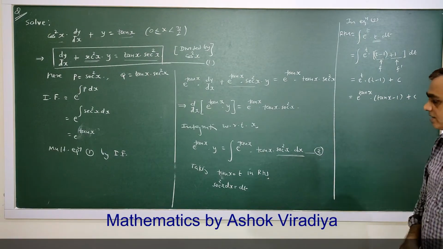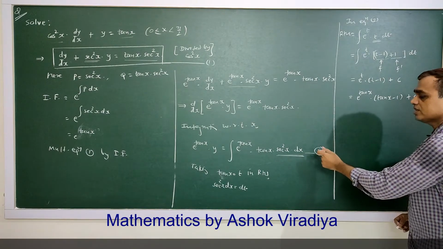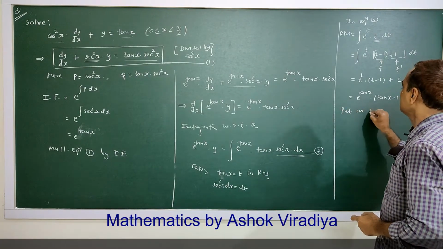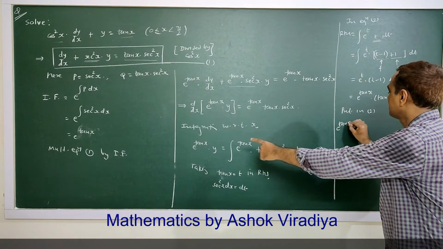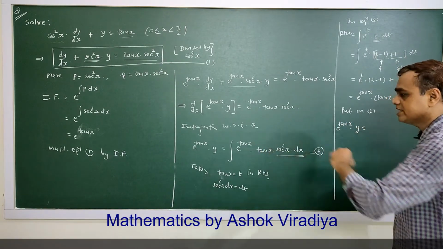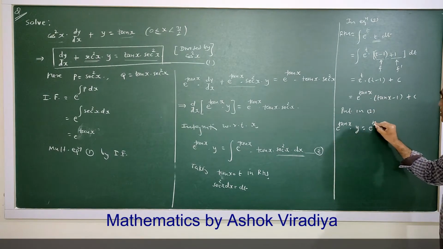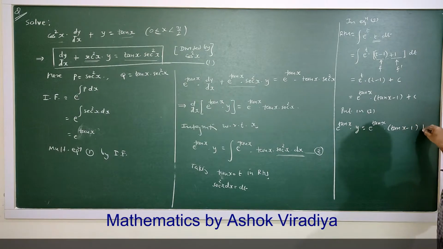Now this value we are putting in equation 2, so e raised to tan x into y is equal to the value of RHS, e raised to tan x into tan x minus 1 plus c.